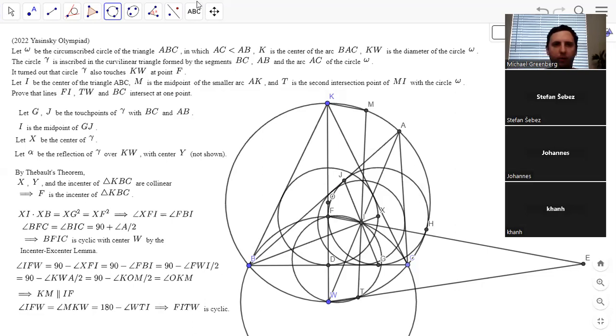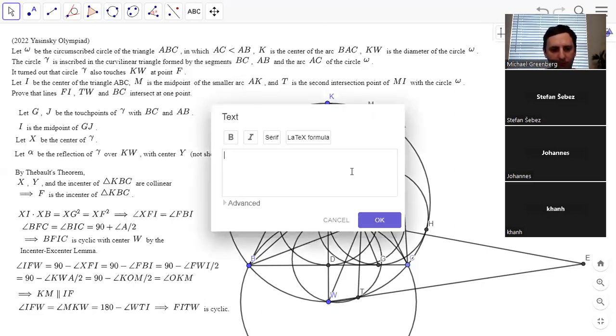I'll just state what those circles are, although it's pretty apparent from the picture. By the radical axis theorem on ABC, FITW, and the other one, BITC, FI, TW, and BC concur.